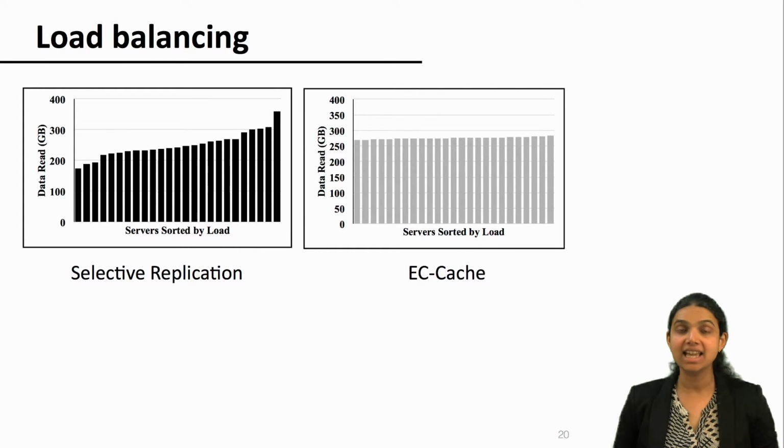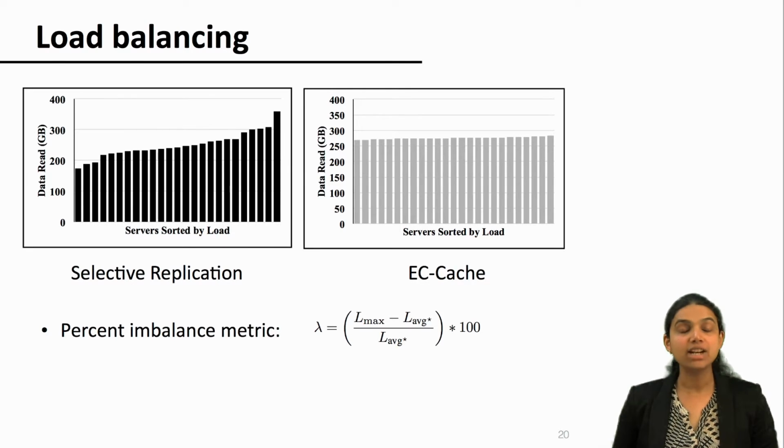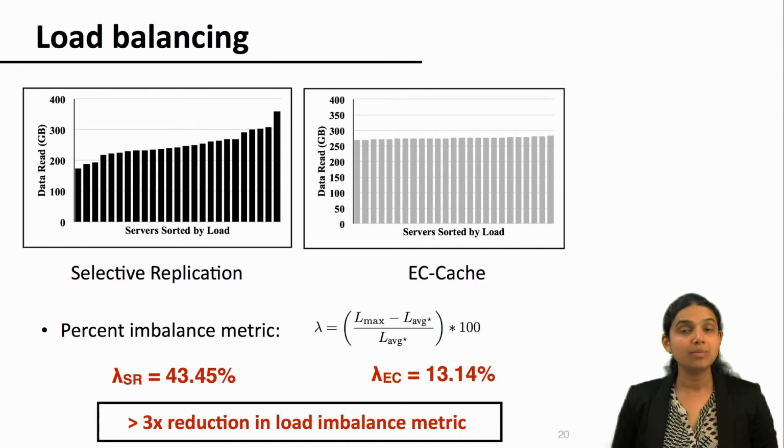We can see that EC cache provides much better load balancing as compared to selective replication. A standard way of quantifying load imbalance is through the percent imbalance metric, which compares the maximum load to the ideal average load. We observe that EC cache provides a threefold reduction in the load imbalance metric as compared to selective replication.